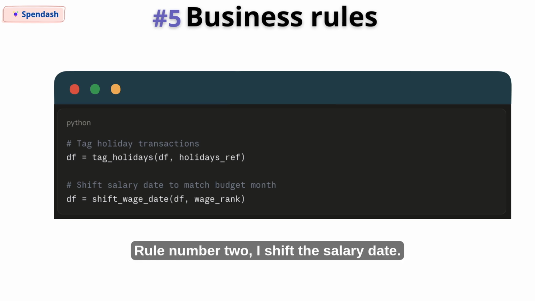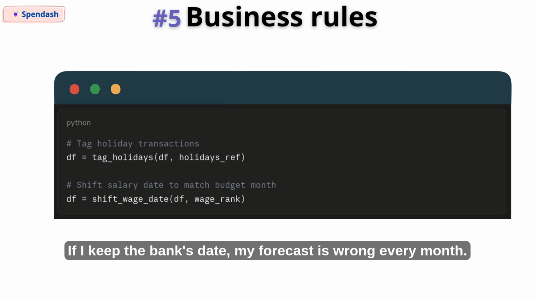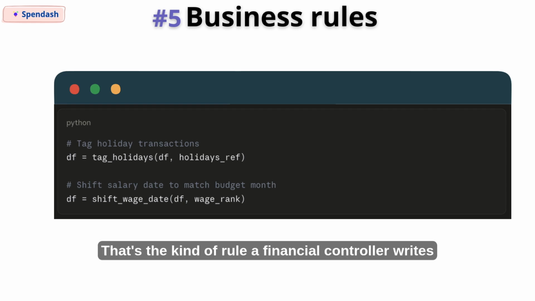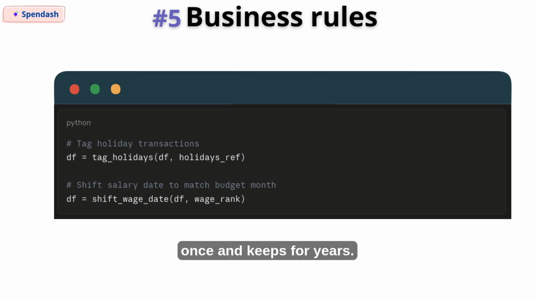Rule number 2, I shift the salary date. My paycheck for February lands at the end of January. If I keep the bank's date, my forecast is wrong every month. So I move the salary into the month it really belongs to. That's the kind of rule a financial controller writes once and keeps for years.